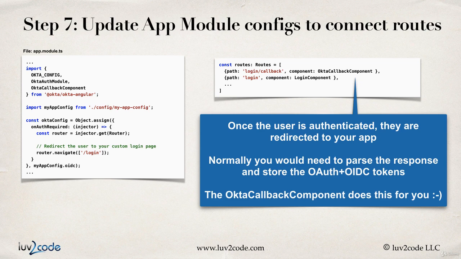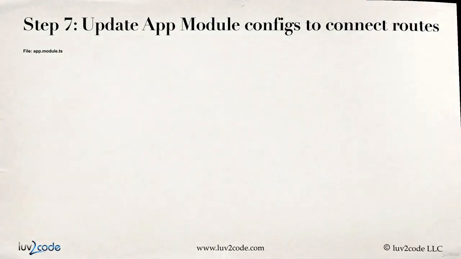Once the user is authenticated, they are redirected to our application. Normally we would have to parse the response and store the OAuth or OpenID Connect tokens. But the Okta callback component will do this work for you. So there's no need for us to do any of the low-level coding. We simply allow the Okta callback component to handle this work for us.